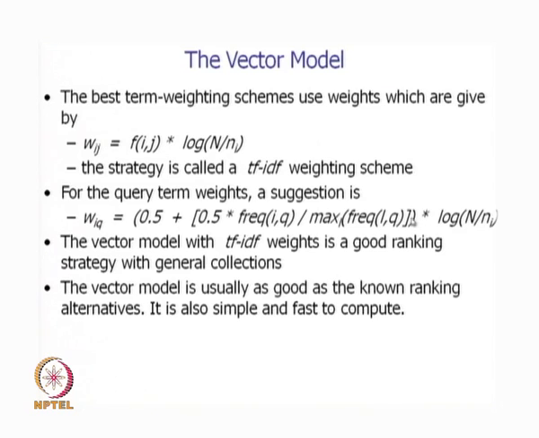This multiplies a particular term which is 0.5 plus 0.5 into the term frequency. So, the addition of 0.5 and so on are done to compensate for the fact that the query is short in size, while a document is much longer, and this kind of addition, multiplication, etc., facilitates coming up with good weight values.